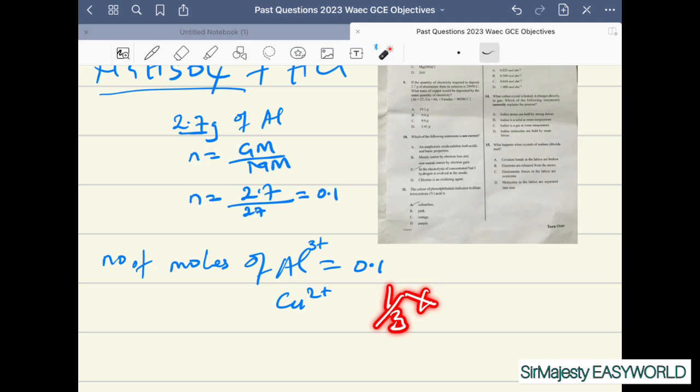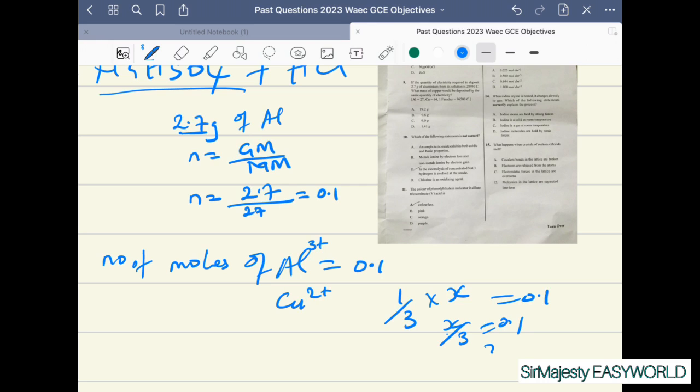So 1/3 times the unknown number gave us this 0.1. Therefore, how do we now get our x? What I did was 1 over 3 times x. This x is the one with the single charge. That's why I'm taking x as the one that has plus 1, which gave us 0.1, such that x over 3 is equal to 0.1, such that now 3 times 0.1 is equal to x.